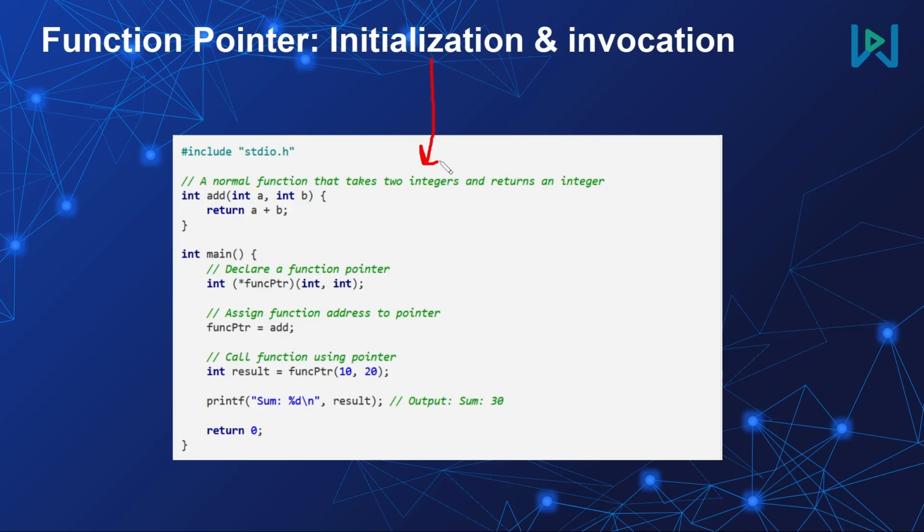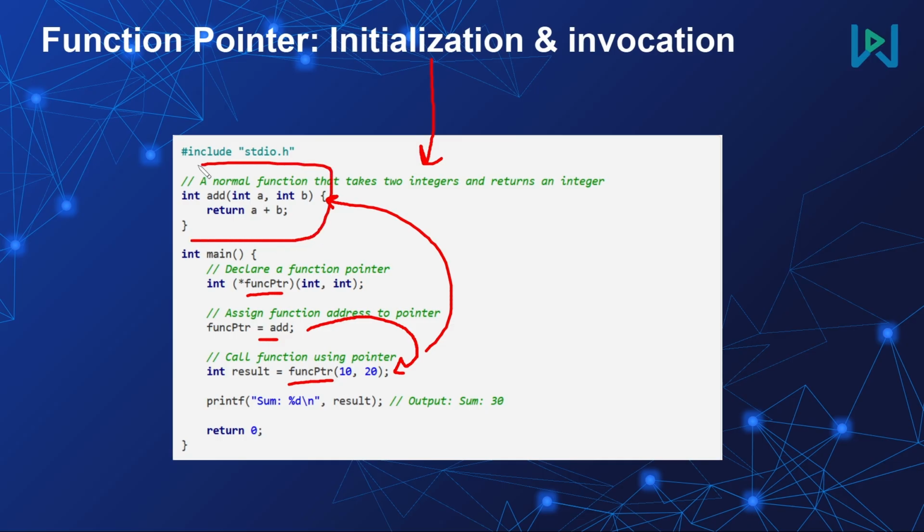So this is the C code example to demonstrate how we can declare a function pointer, then how we can initialize this function pointer in such a way that we can indirectly invoke our C function via function pointer invocation.